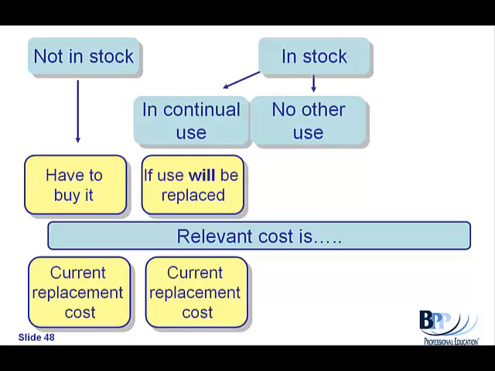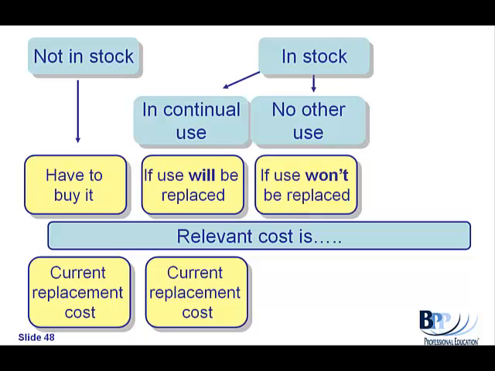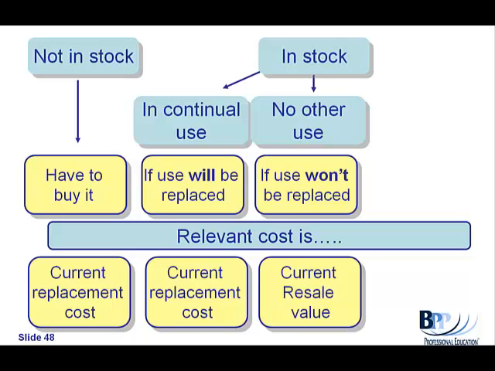If we've got the cocoa in stock, but we've got no other use for it, so let's say we'd stopped making Mars bars, we weren't using the cocoa anymore. If we use it on production of our Venus bars, well then we haven't got to go out and replace it because we don't need it anywhere else. Now under this scenario, the relevant cost could be nothing or the resale value.